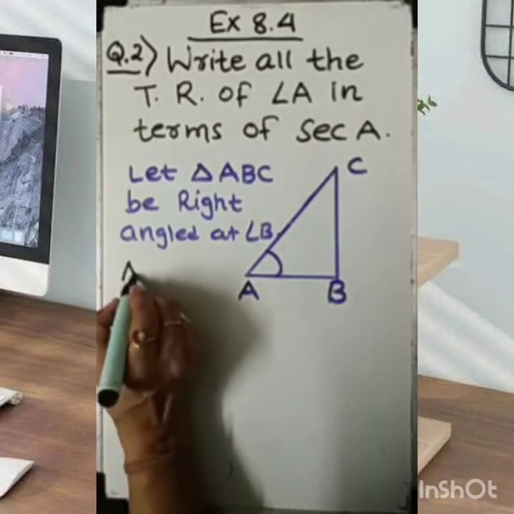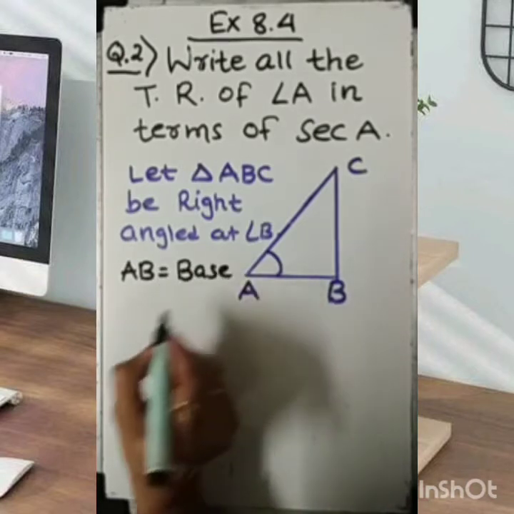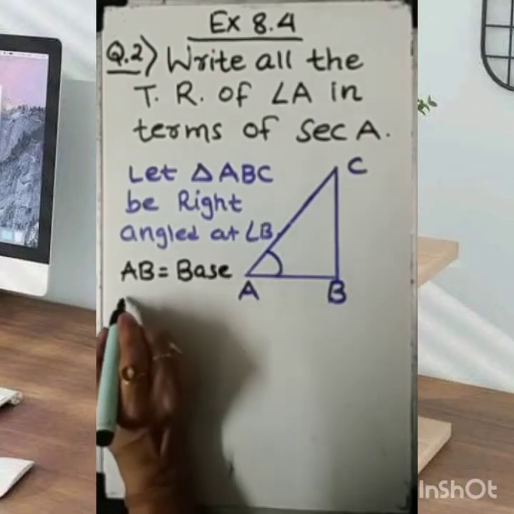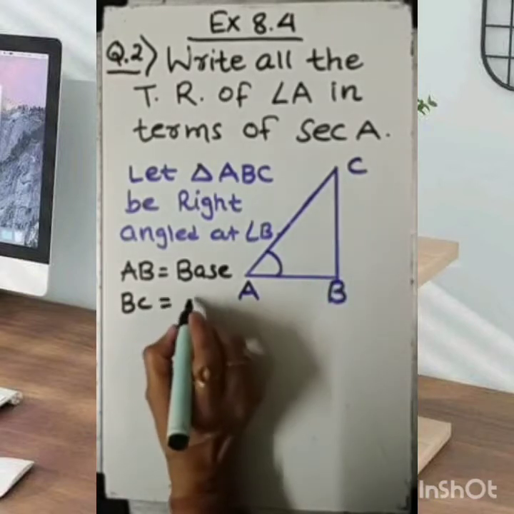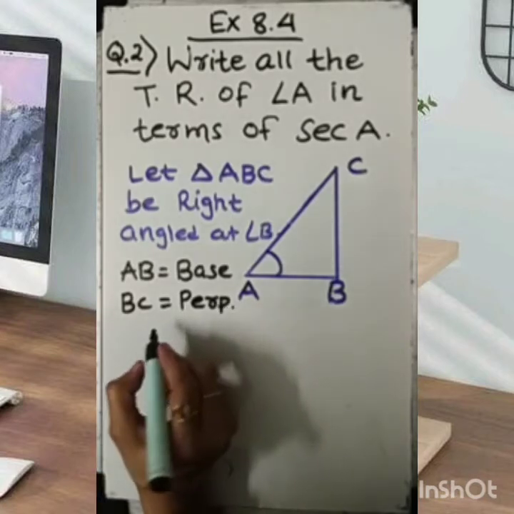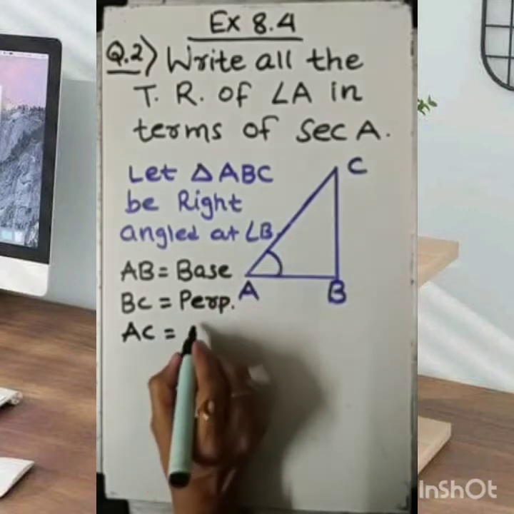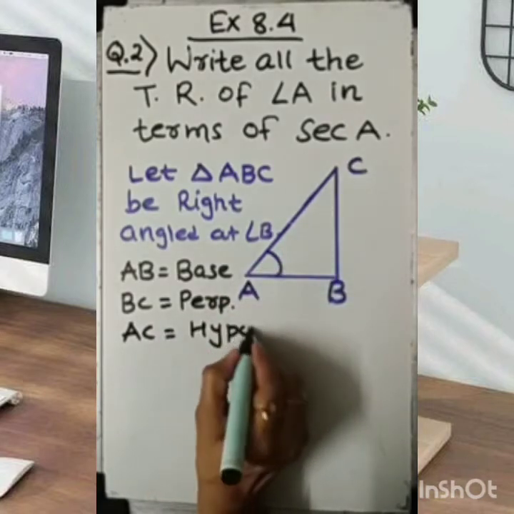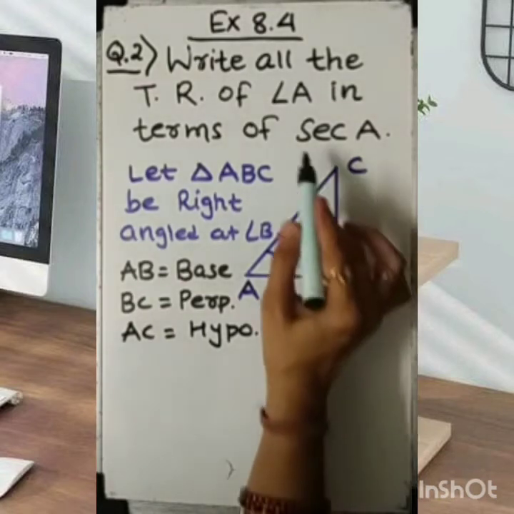Of course, AB we will consider as the base, and of course BC is the perpendicular. This is base, this is perpendicular. So I am writing in short, BC equal to perpendicular, and of course this AC will be the hypotenuse. Got it? Now here nothing is given, but we need to find sec A.